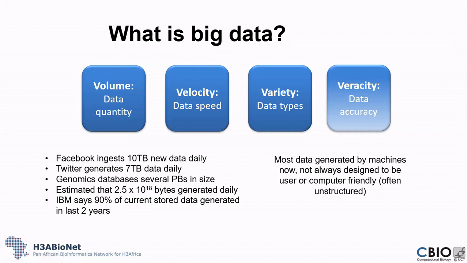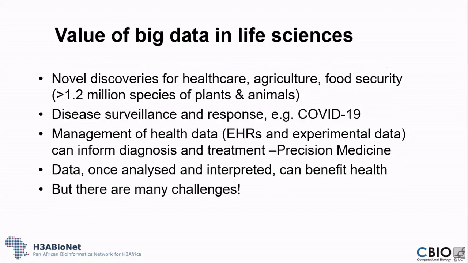So it's sometimes unstructured. It wasn't really designed for user or computer friendliness. So there's a lot of processing that needs to happen to make it useful. But we have to make it useful because there is so much value in the data, particularly in the life sciences. I have this argument with the astronomers and other people about whose data is the biggest and whose data is the best.